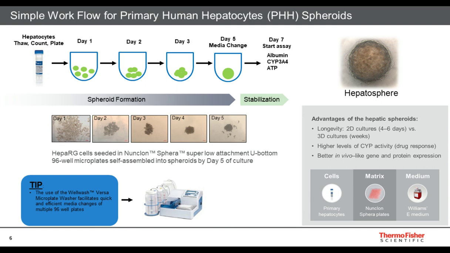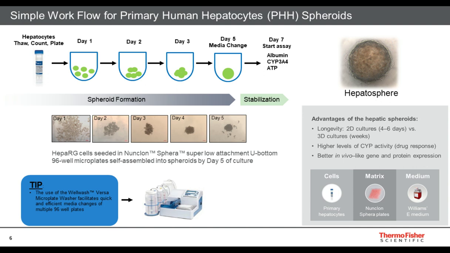The thaw, plating, and maintenance media required, and in addition, the Nunclon Sphera 96-well plates, to enable the spheroid formation and maintenance. The workflow shown at the top is, again, pretty straightforward.